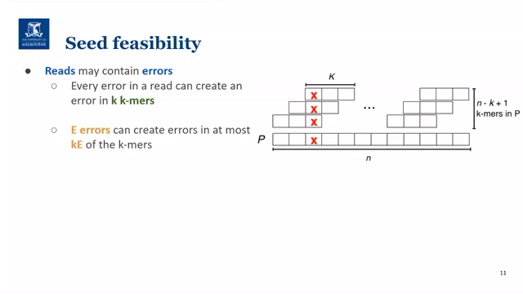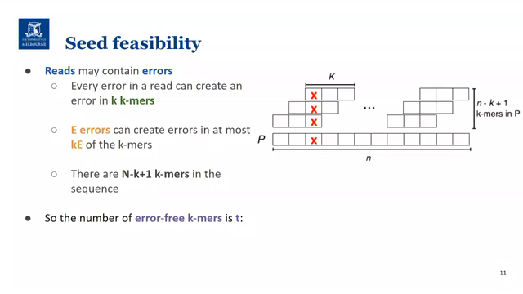If we have on average e errors introduced in total, this will affect k times e k-mers. And out of the total number of k-mers in that given read, which is n minus k plus 1, we can calculate how many error-free k-mers there are, which is something like this.